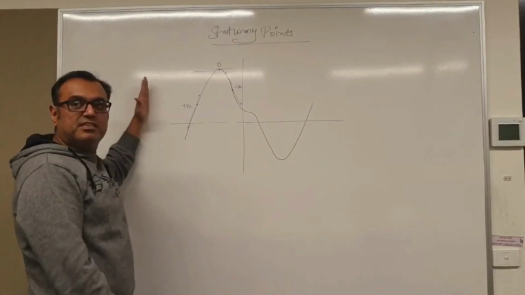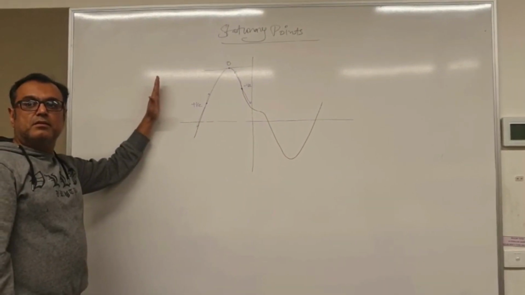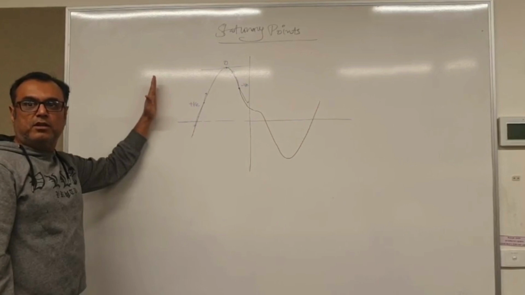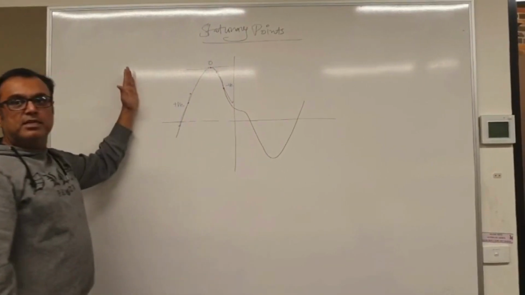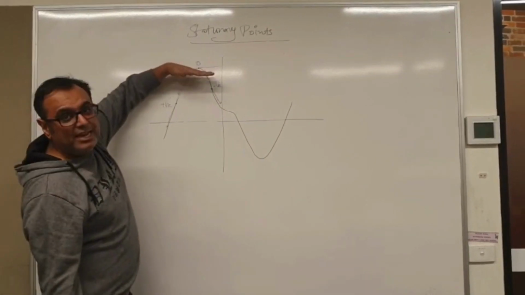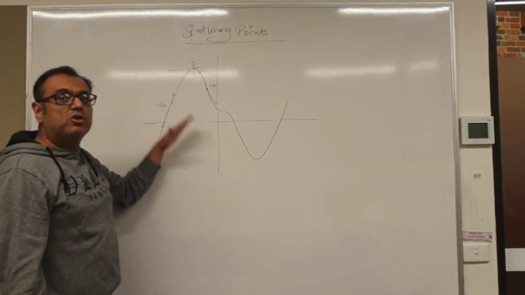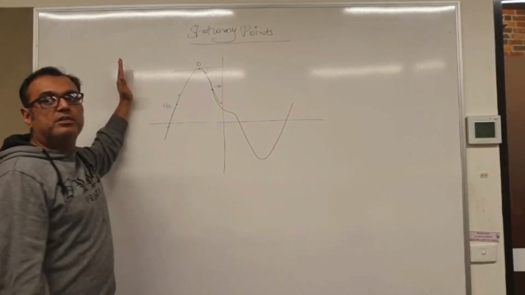And anything like this is? Undefined. It is parallel to the y-axis. Slope of a line which is parallel to the x-axis is 0. Slope of a line which is parallel to the y-axis is not defined.